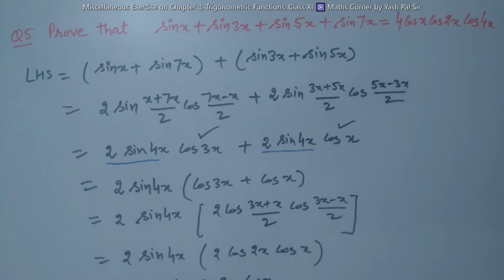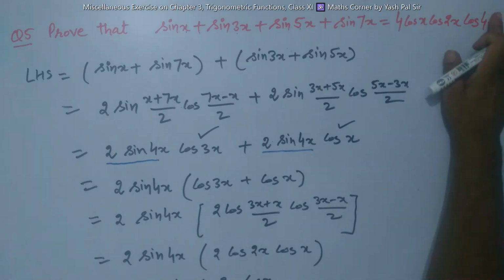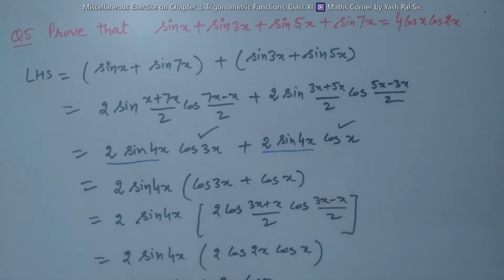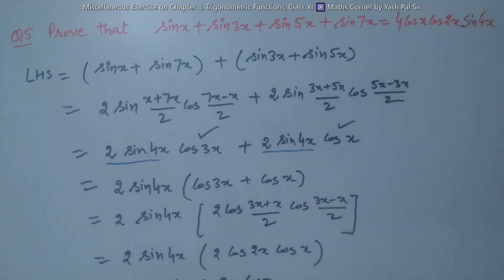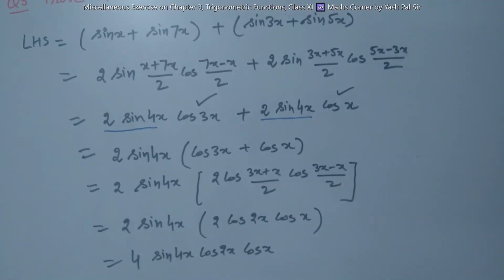Accordingly, what is the right hand side? By mistake this was written here as cos 4x, but this was sin of 4x. So this way, this is the right hand side, hence proved.